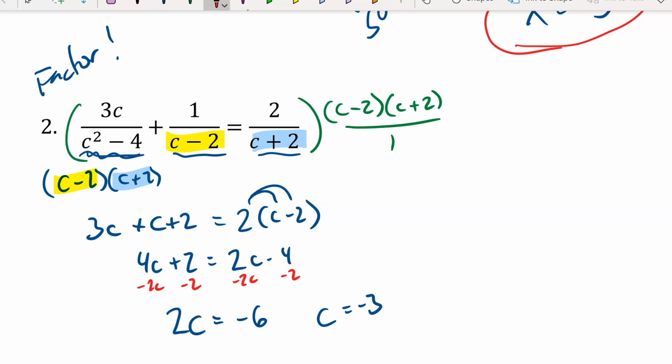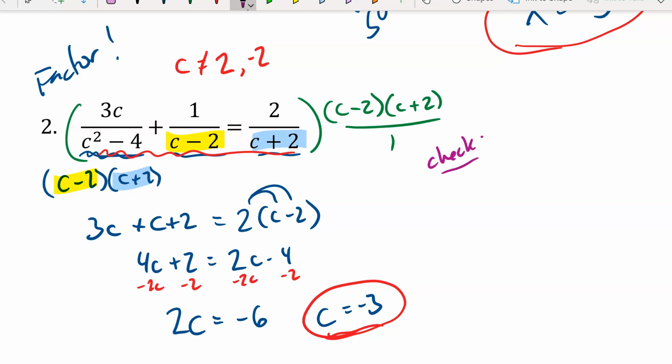And now I can look back at my original expression to think about excluded values. The value of c can't be 2 or negative 2. That's not what we found as our possible solution. So this should work out as a solution, but of course we can check by plugging it back in.